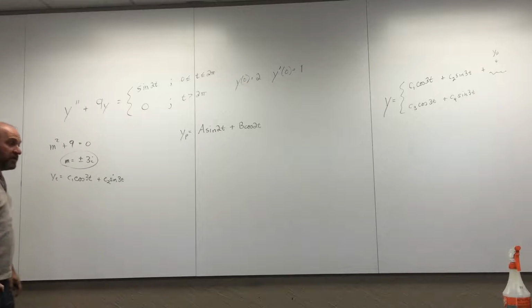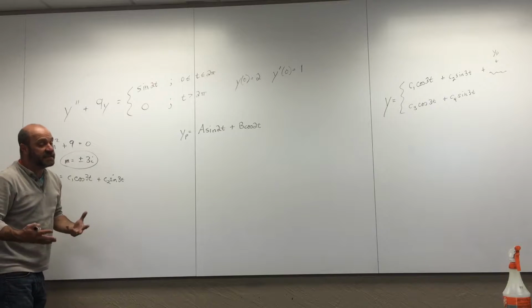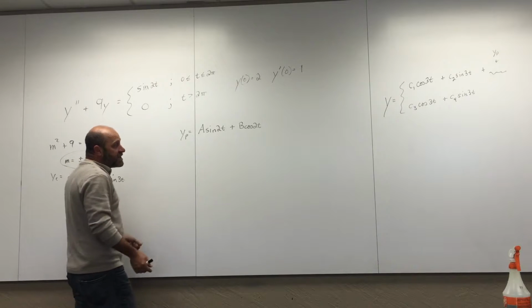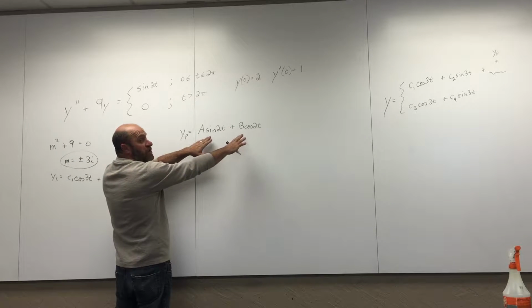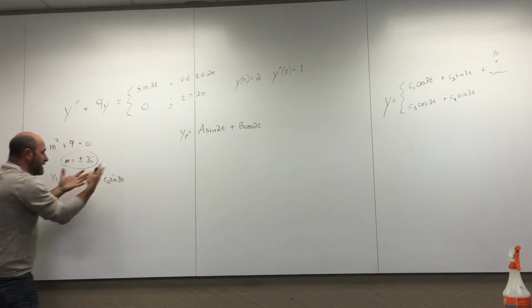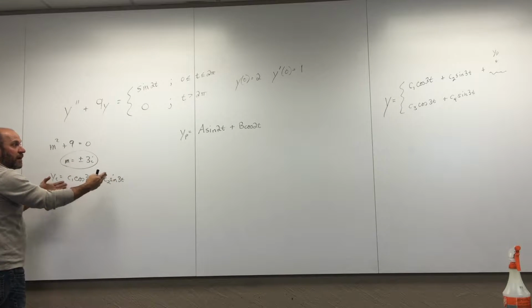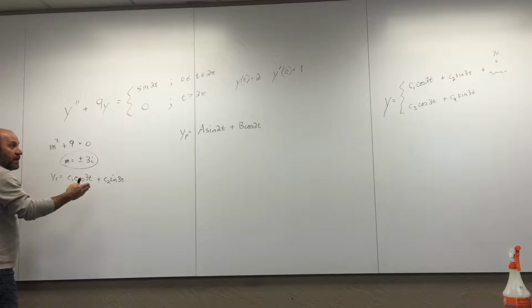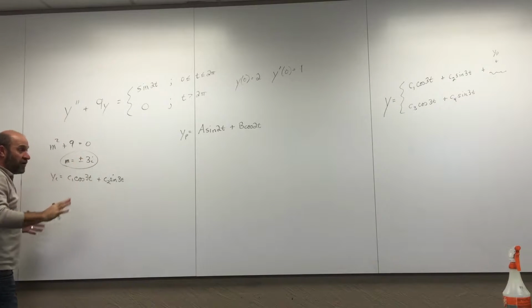And we worked hard the other day. We had a lot of dependency issues. What we got to watch out for is any terms in the yp better not be linearly dependent on any terms in the yc. Are they? No, they're not.